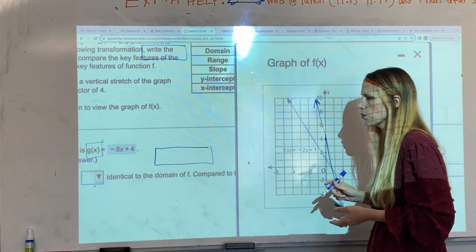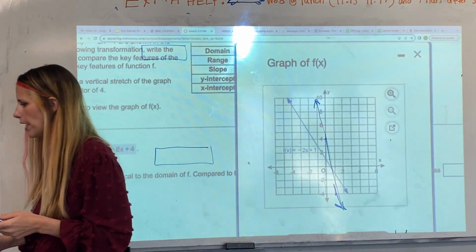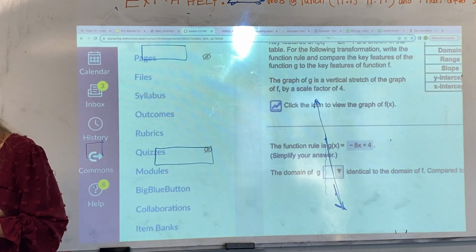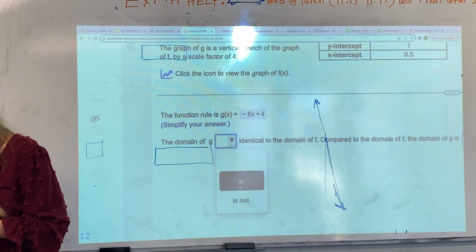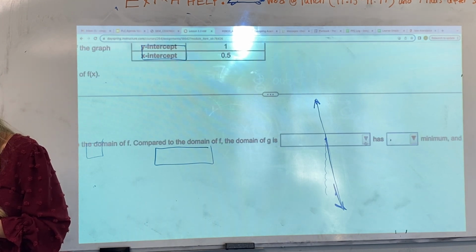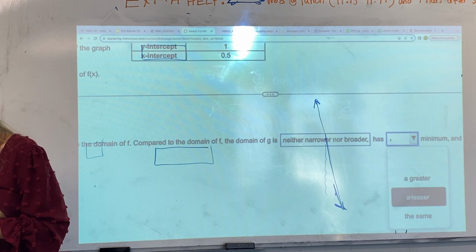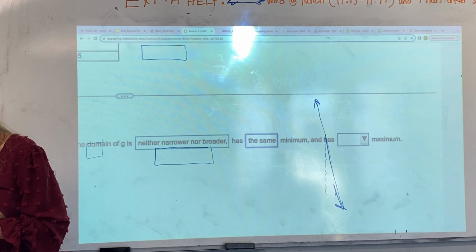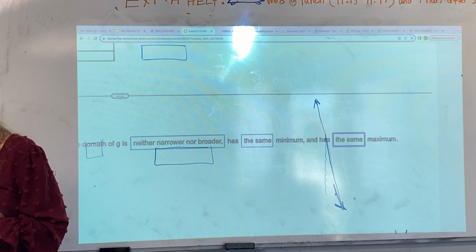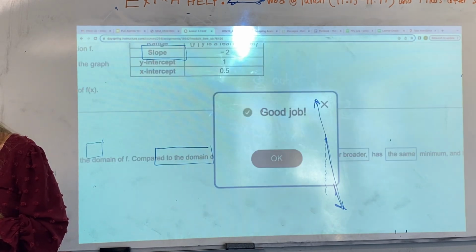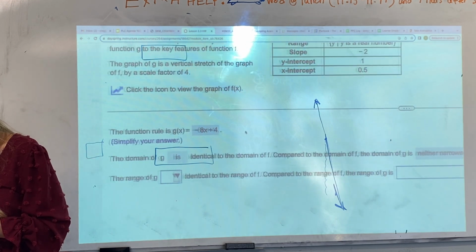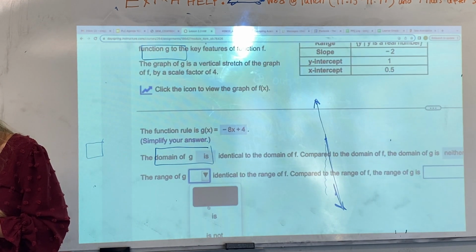And what's that going to mean for our y also? What about the range? Is the range going to be identical or not? Yeah, the range is identical.